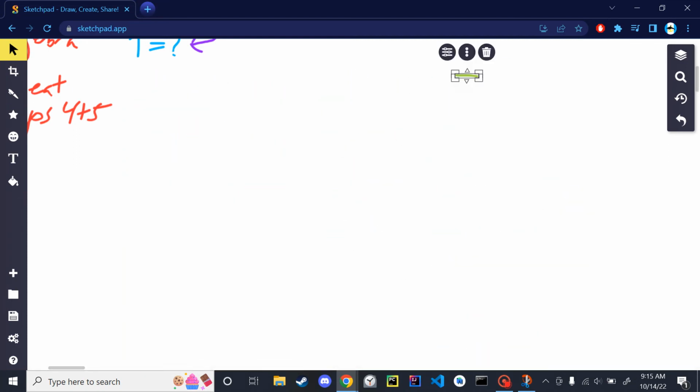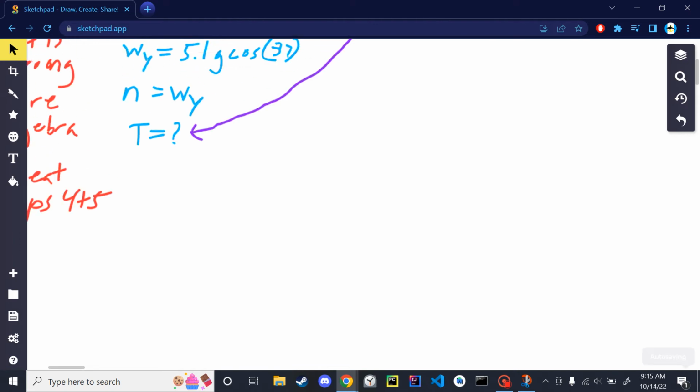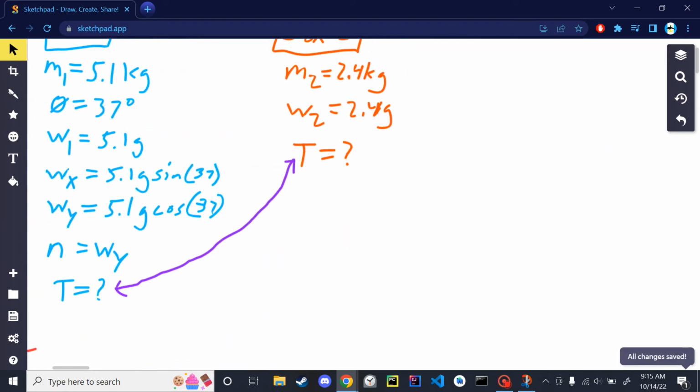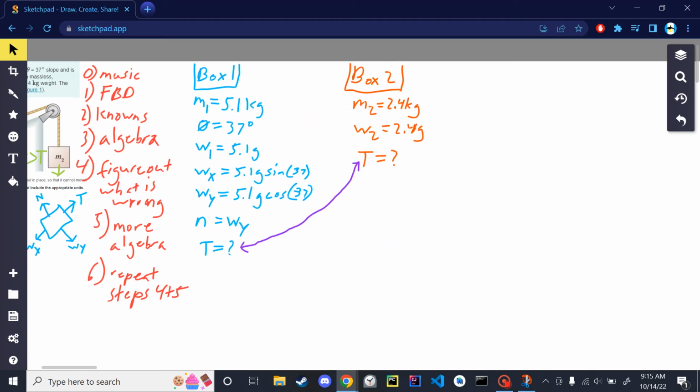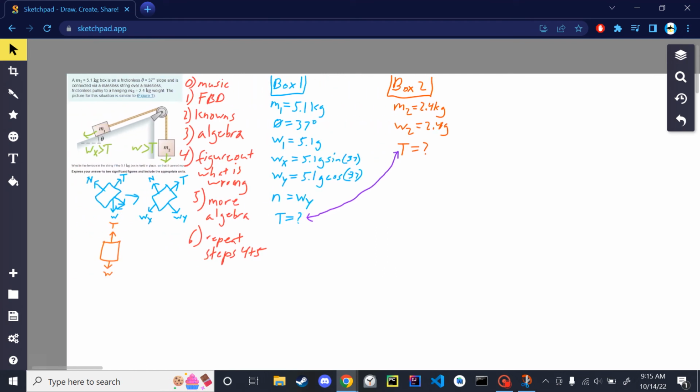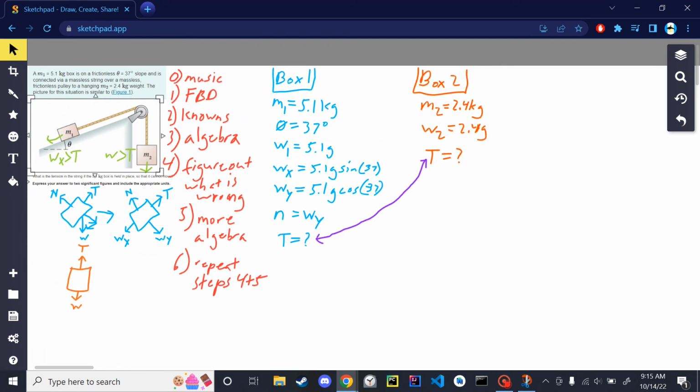There has to be some part of my approach that's completely wrong. Okay. Do I even need to solve acceleration?